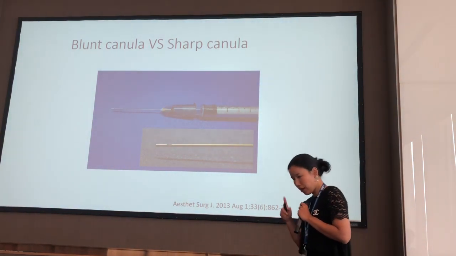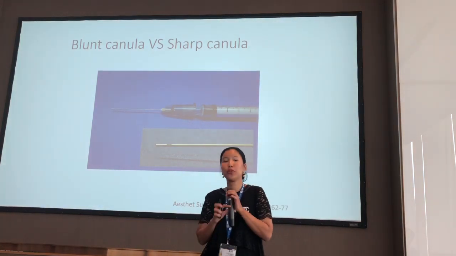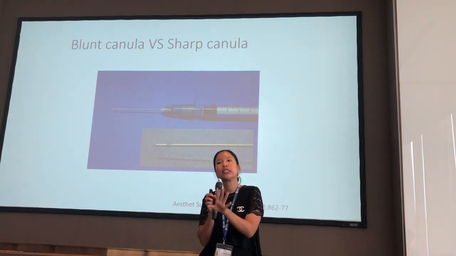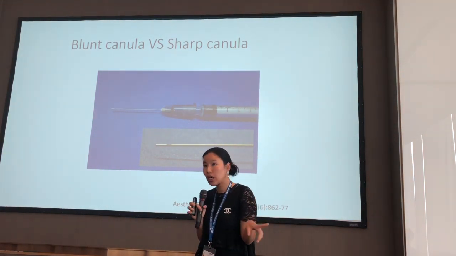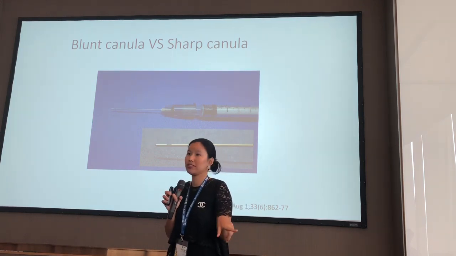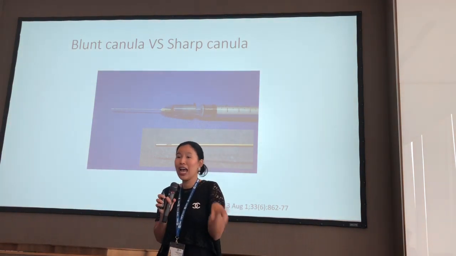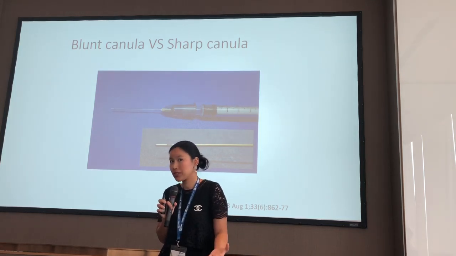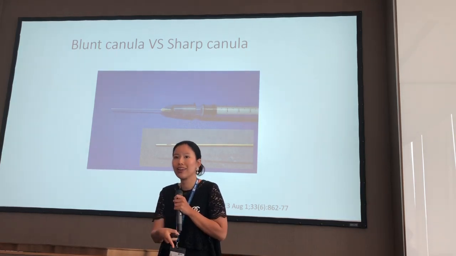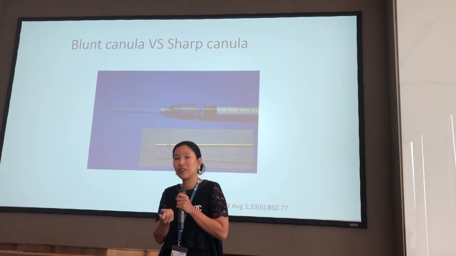So, some blunt cannula, when you buy the cannula, do not consider only the price factor. You have to consider the quality, because some cannulas are sharp. Okay? So the best way to test when you want to buy a cannula is to press yourself. Press yourself.